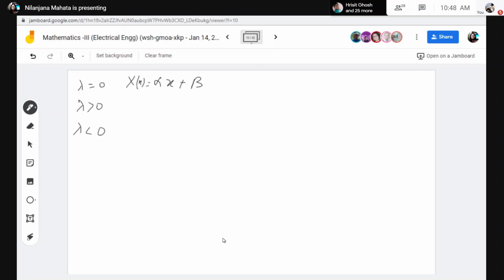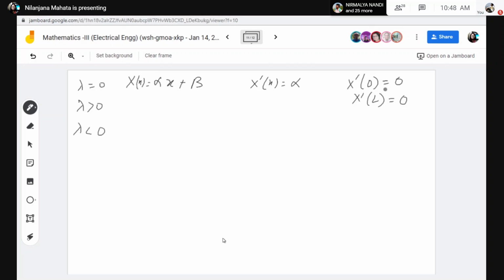So X dash is alpha, and it says that X dash 0 is equal to 0, X dash L is equal to 0.